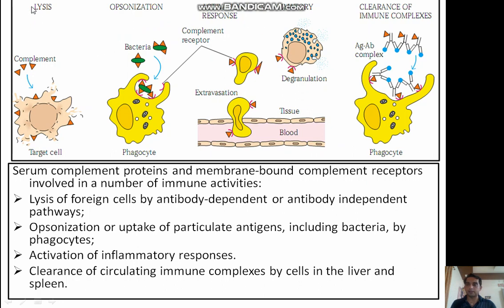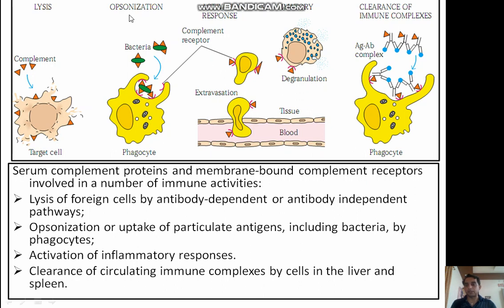Let us discuss the first function, lysis. Complement has the ability to destroy various foreign cells by two main pathways: one is the antibody dependent pathway and the other is the antibody independent pathway. That means the complement itself is able to recognize foreign cells and lyse them completely.